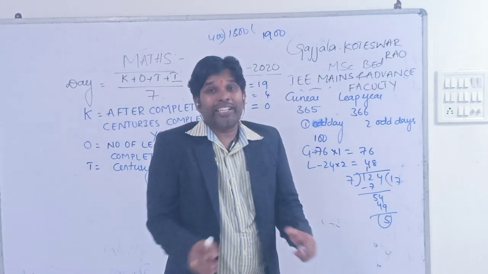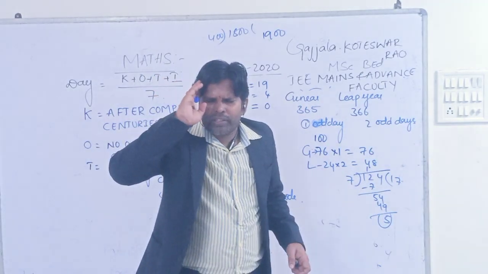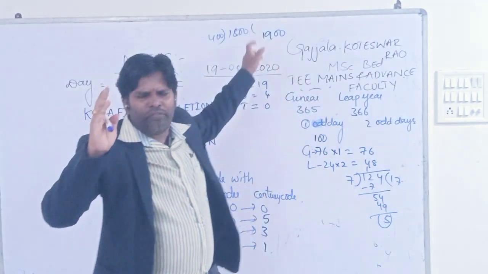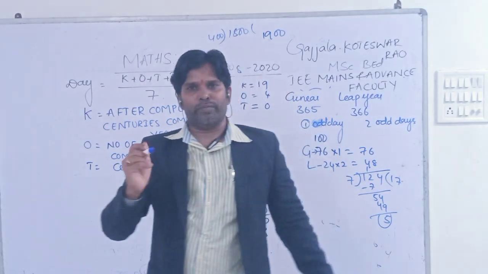So I am explaining it in a clear way. Just keep the century code in mind. If we add it first, then we can say on which day it comes.